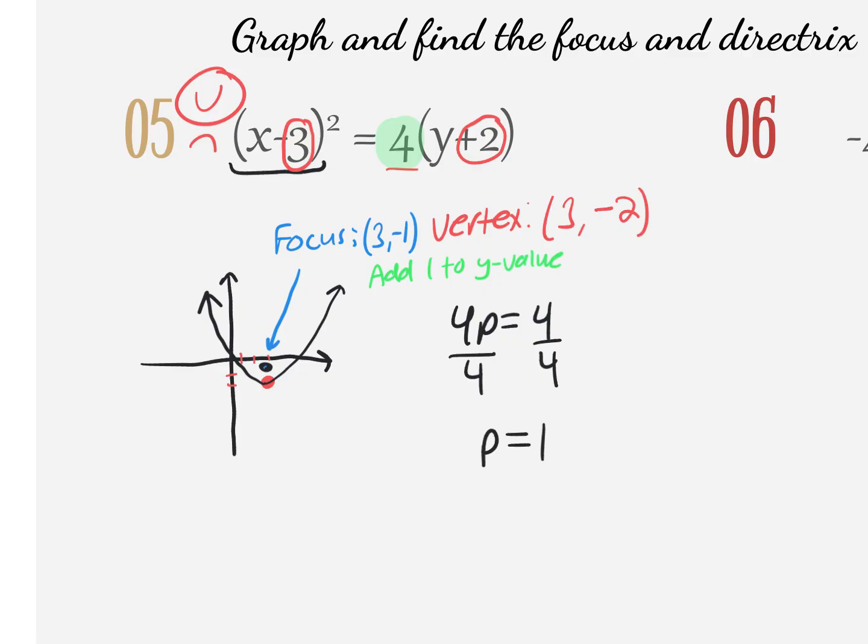All right? And then your directrix is going to be 1 unit underneath. So then my directrix, if I was originally at -2, I'm going to go down to -3. So my directrix is going to be y equals -3.